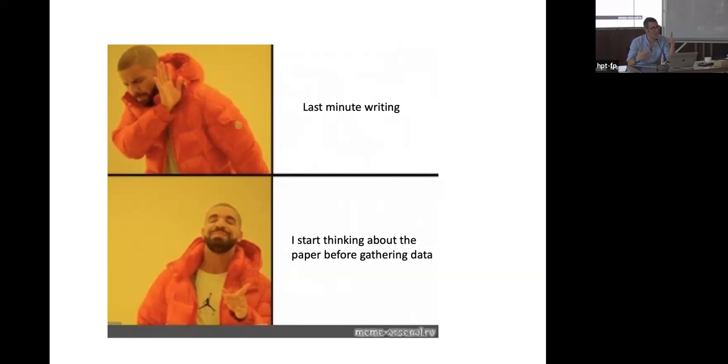I'm sorry that I use these memes, but I don't want to torture you with only text slides, and it really conveys the message. You really need to think about writing the paper from the beginning of the research process.